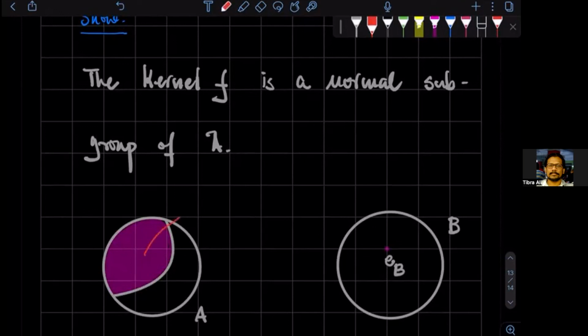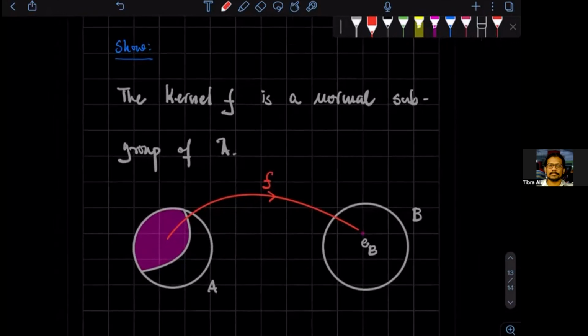And the map is such that all these purple elements in A map to the identity element in B. Then what you have to show is that this subset of A, which is the kernel of the map F, is a normal subgroup of A. So this is your second exercise about group homomorphisms.